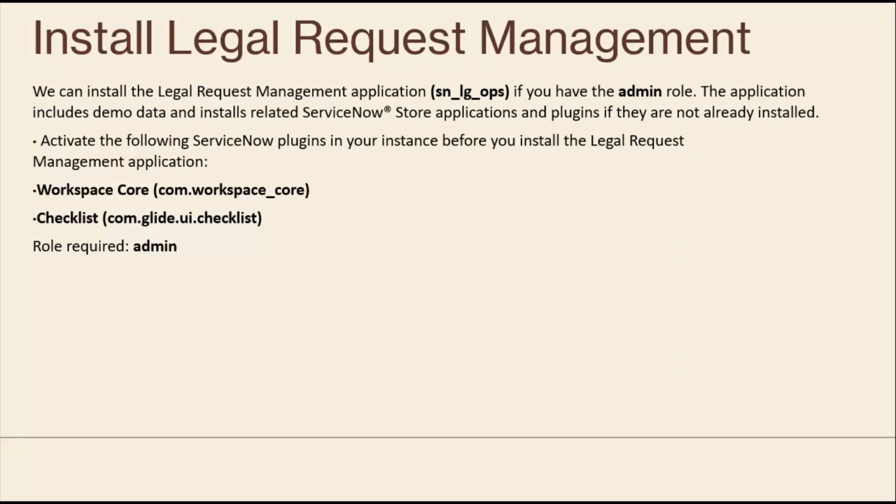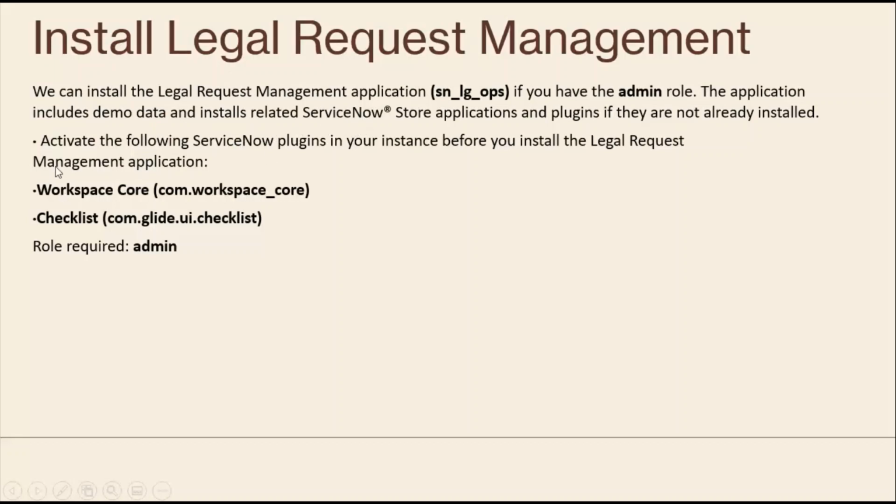For the legal request management application, the plugin name is sn_lg_ops. Only a person who has the admin role can install the plugin. When installing the plugin, we can also include the demo data and install related applications as well.